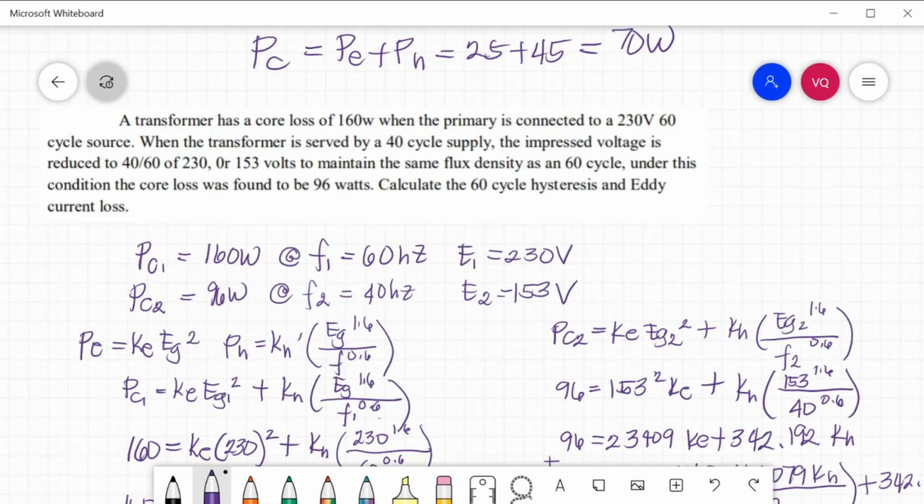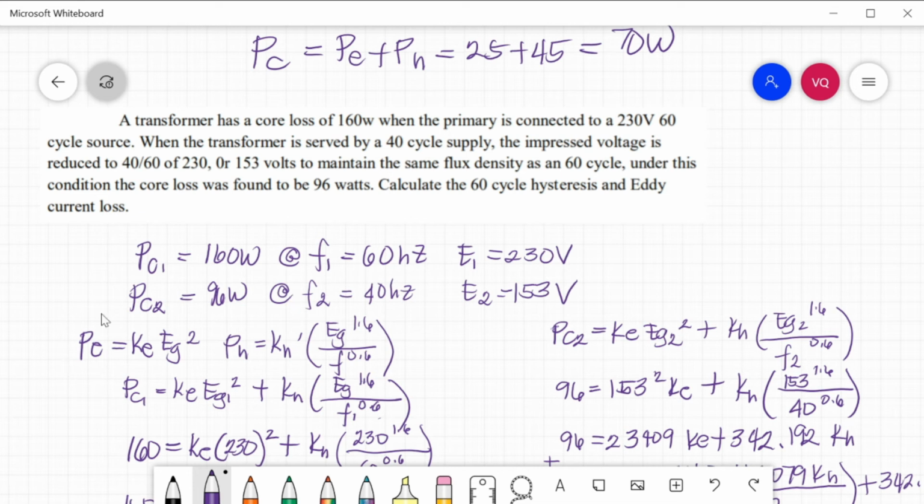For our first condition, we have core loss PC1 equal to 160 watts and its frequency is 60 cycle source. The supply voltage at this core loss is 230 volts.